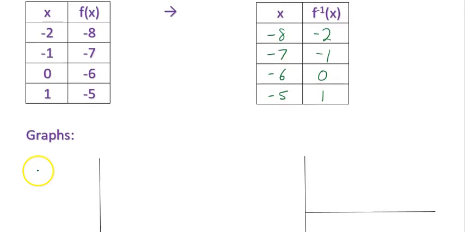Now we'll move down to what happens on a graph. We are actually going to use a familiar graph, y equals x squared. So f of x equals x squared, and I'm going to list some of the points on that graph. We know the point at the vertex is 0, 0. We have the point 1, 1.